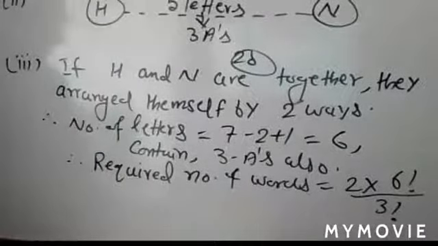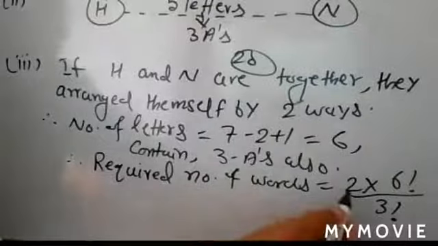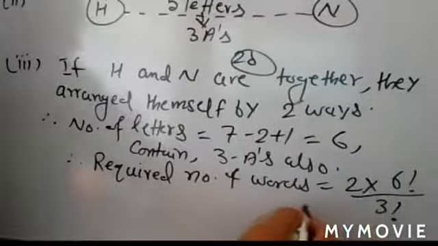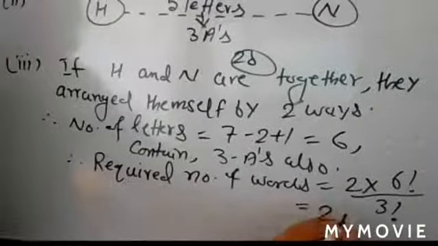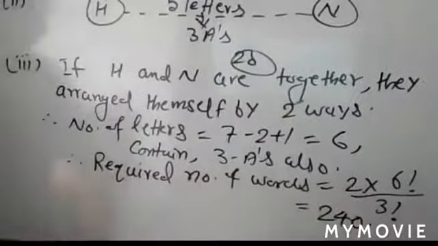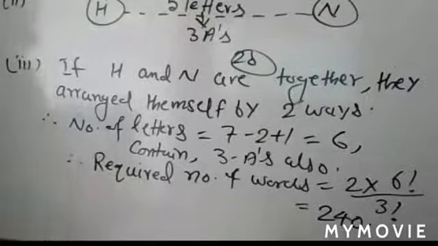So your answer is 240. Yes, 240. You multiply by this 2 also. Actually, you solved only factorial 6 by factorial 3, so you have to multiply by 2 also.